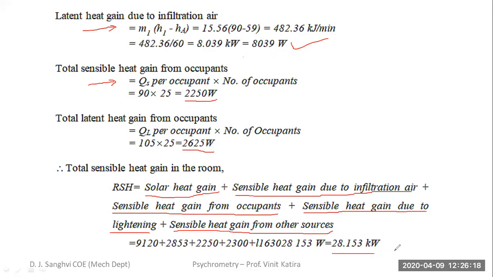What is sensible heat gain due to lighting? Normal lighting, normal lights emit heat. Yes, sir, 28.152 kilowatt.